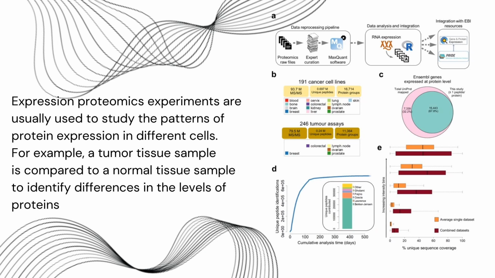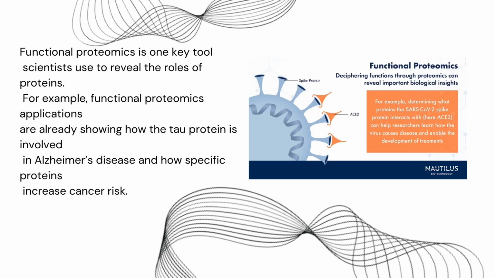Expression proteomics experiments are usually used to study the patterns of protein expression in different cells. For example, a tumor tissue sample is compared to a normal tissue sample to identify differences in the levels of proteins. Functional proteomics is one key tool scientists use to reveal the roles of proteins.